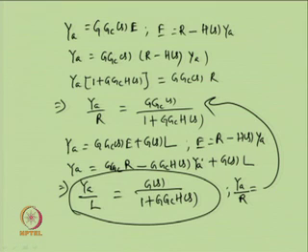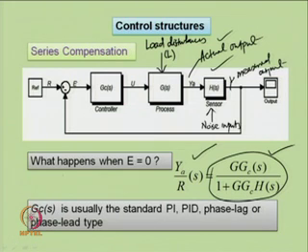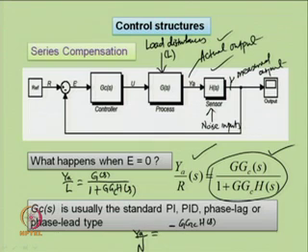So, we see that y A upon L, the impact of static load disturbance upon the actual output, is given by the expression y A upon L equal to G S upon 1 plus G G C H S. Similarly, I can find the effect of noise inputs on the actual output y A, and that expression can easily be obtained as y A upon n equal to minus G G C H S upon 1 plus G G C H S.